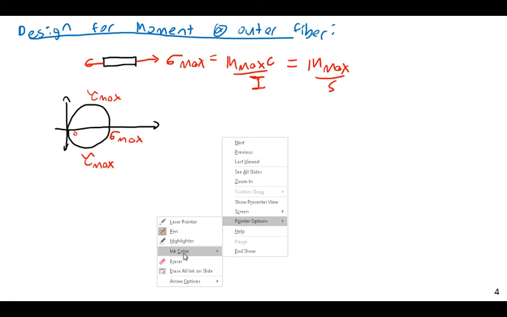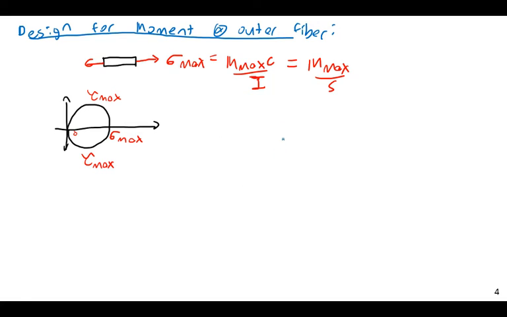Then we have to base this again off sigma actual is less than or equal to sigma allowable, so we'll need to consider that, and tau actual is less than tau allowable, etc.